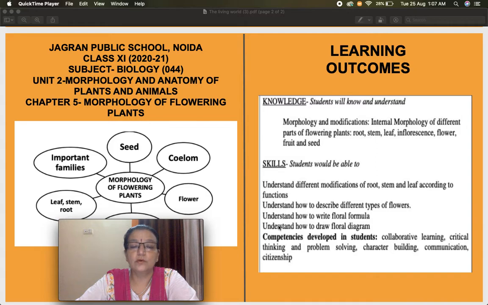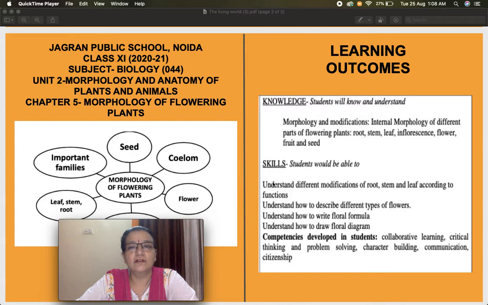You will also be able to draw the floral diagram of the various flowers. The competencies developed in you after today's class will be collaborative learning and critical thinking, as well as problem solving, to make character building, as well as to improve your communication as a citizen, and you will also develop citizenship competencies.